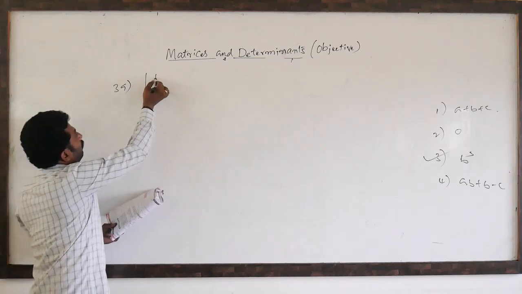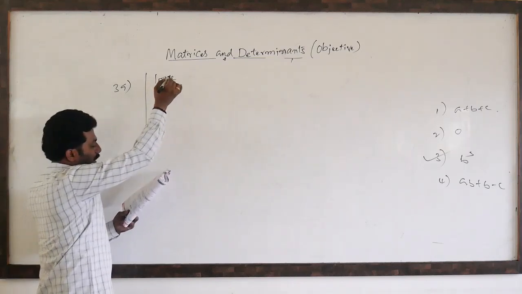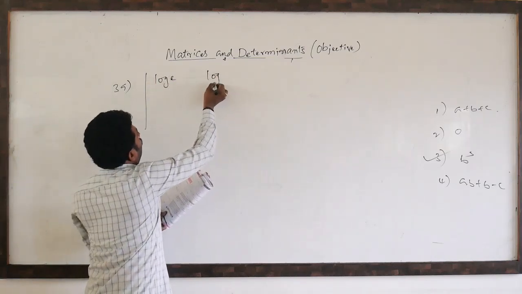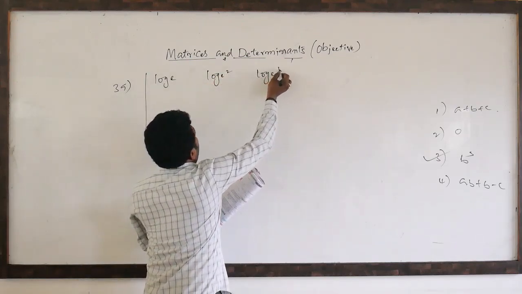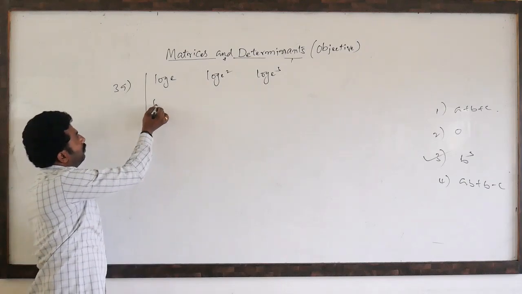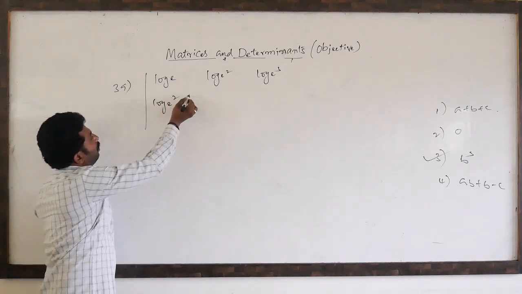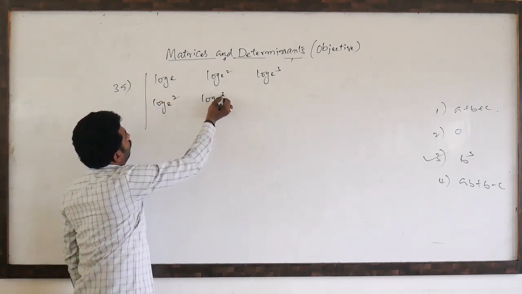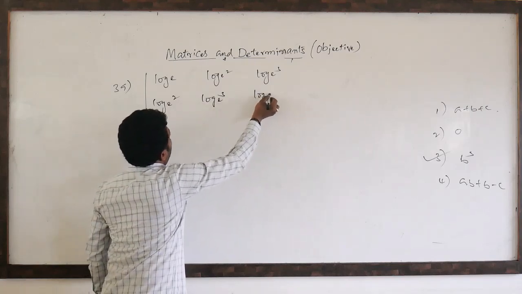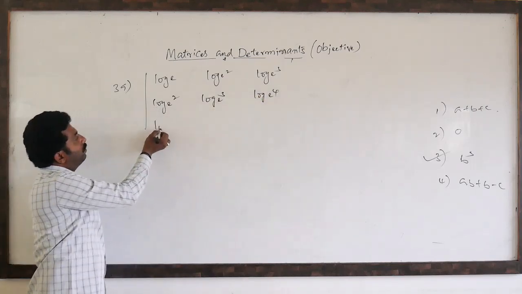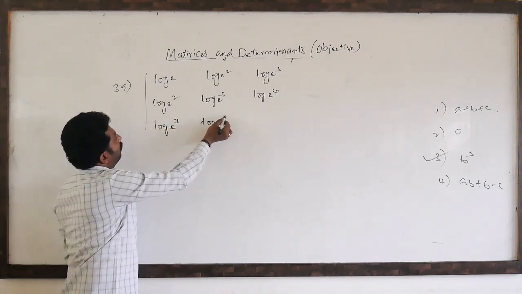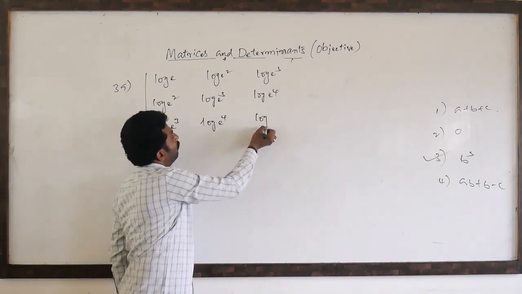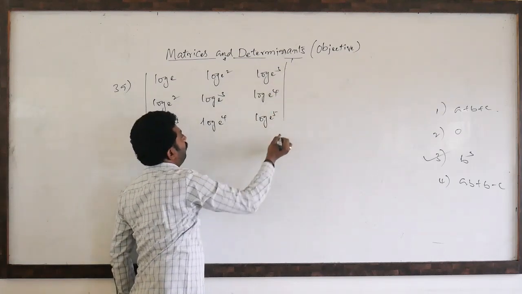Determinant of log e, log e square, log e cube; log e square, log e cube, log e power 4; log e cube, log e power 4, log e power 5.